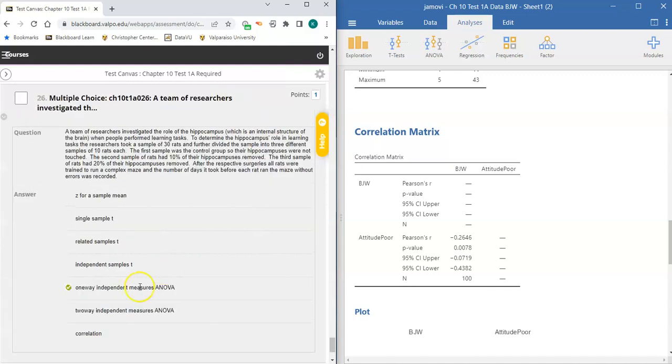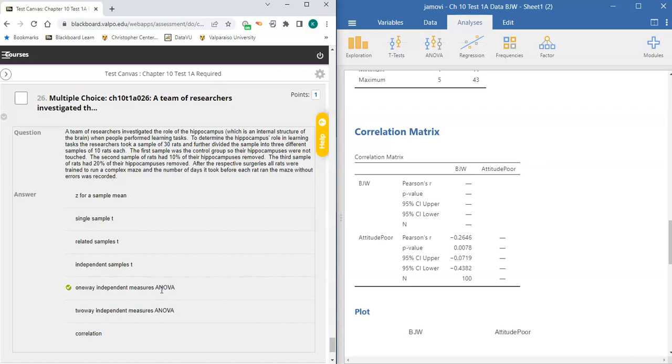And it looks like the last question is a one-way ANOVA. Here we have three groups of participants. We have a group of rats that are a control group and don't have any area of their brain removed, a second group that has 10% of their hippocampus removed, and a third group that has 20% of their hippocampus removed.